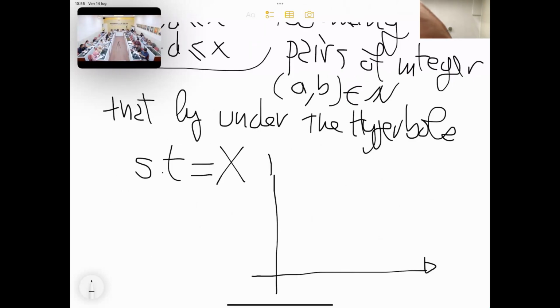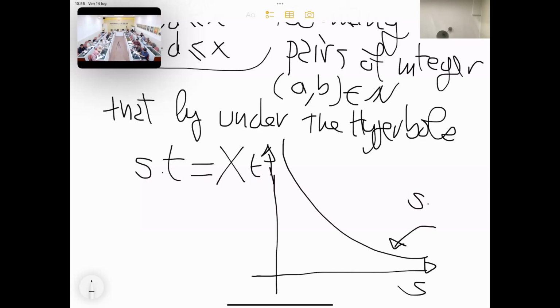So this is the plane ST. This is the hyperbola, whose equation is S times T equal to capital X.